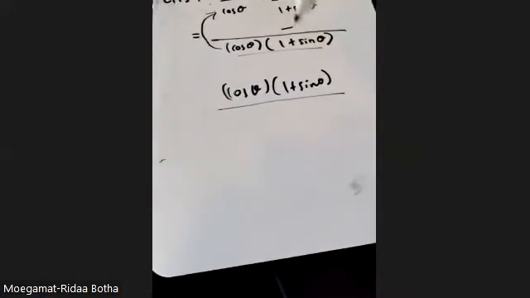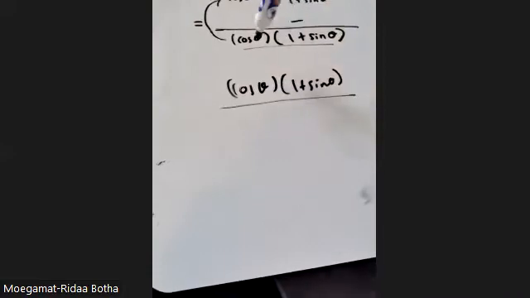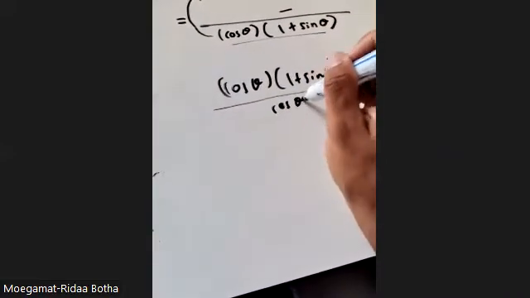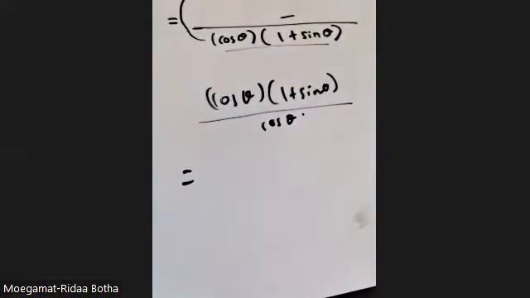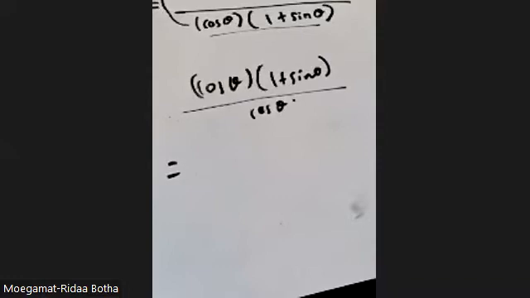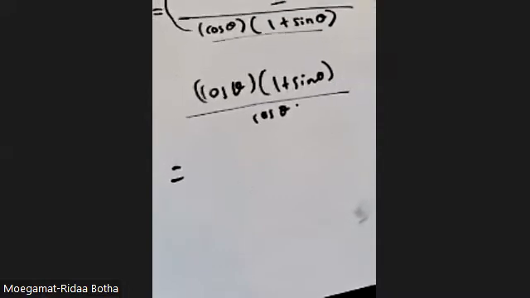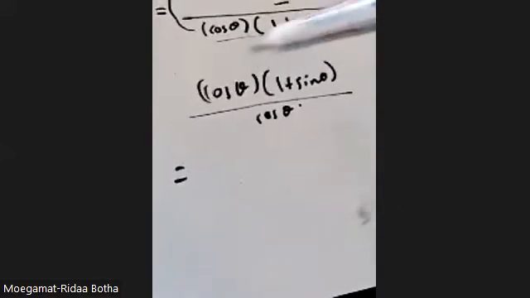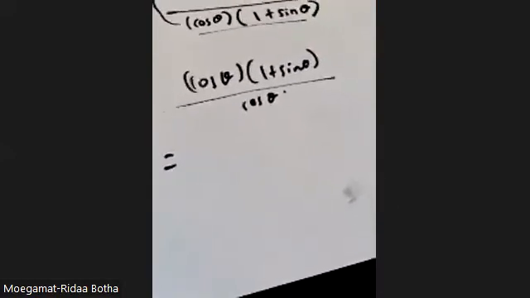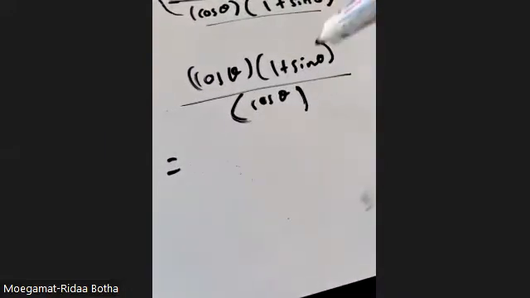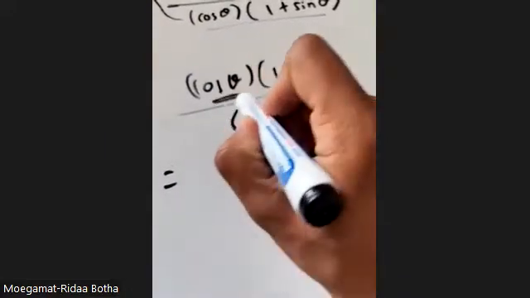So we have cos theta times 1 plus sine theta divided by cos theta. What do we get? Simplify. Can you see we can cross cancel here?